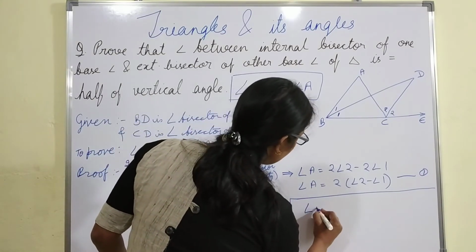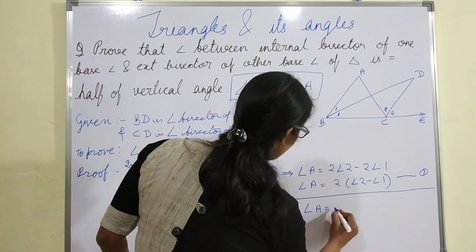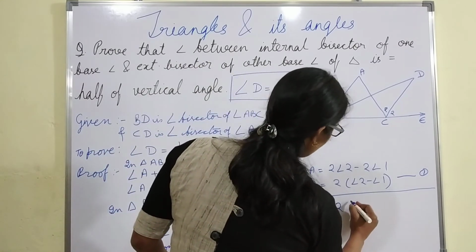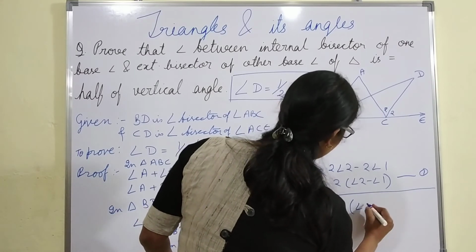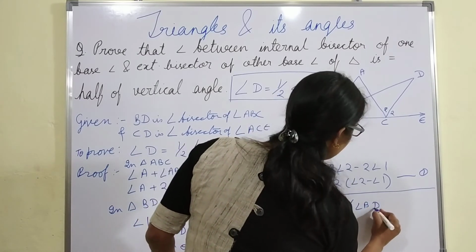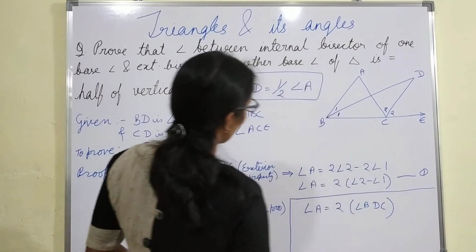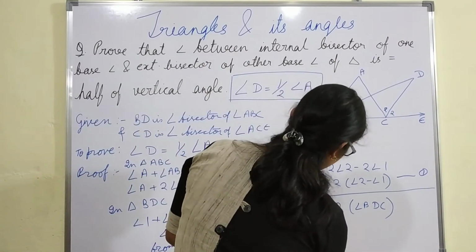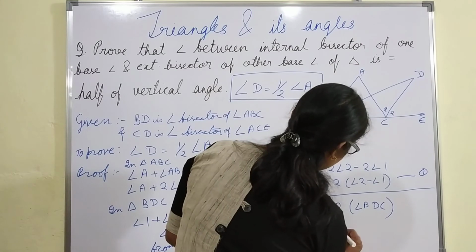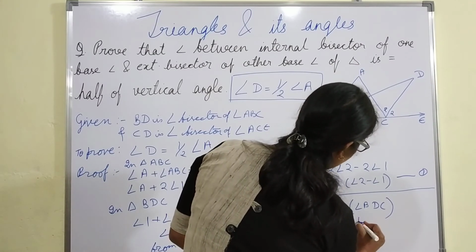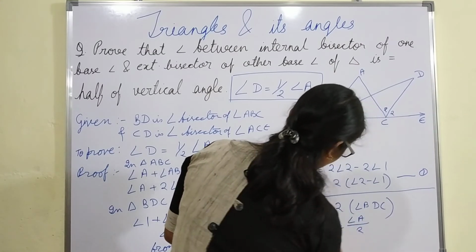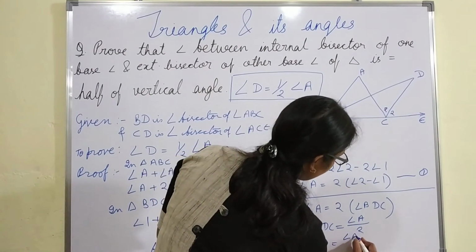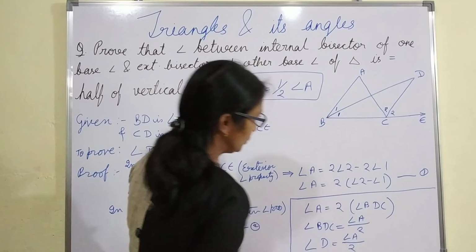So angle A equals twice angle BDC. So angle D equals BDC. Angle BDC equals angle A upon 2. That is, angle D equals angle A upon 2.